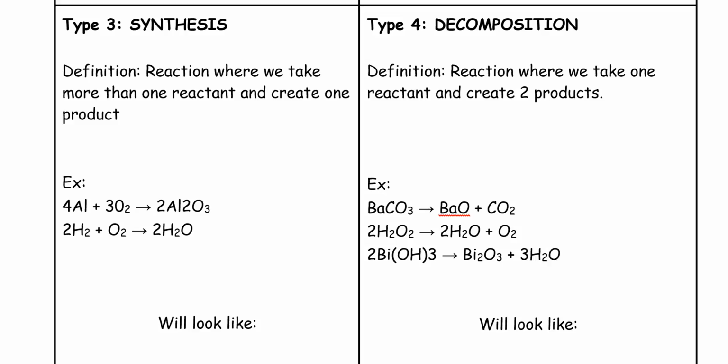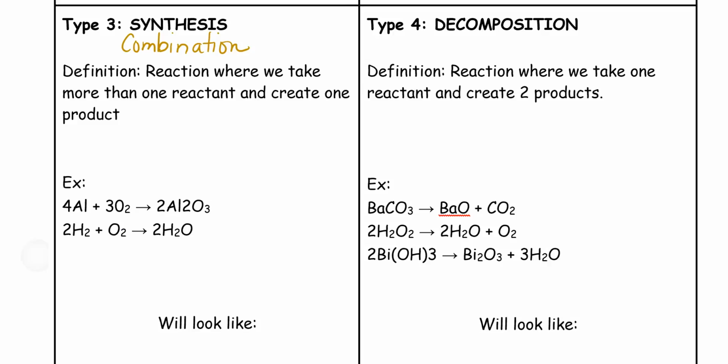This third type can also be called a combination reaction because you are literally combining 2 things to create one new single product. All right, so here are two examples. You have aluminum combining with oxygen to form aluminum oxide. You have hydrogen and oxygen to form 2 moles of water.